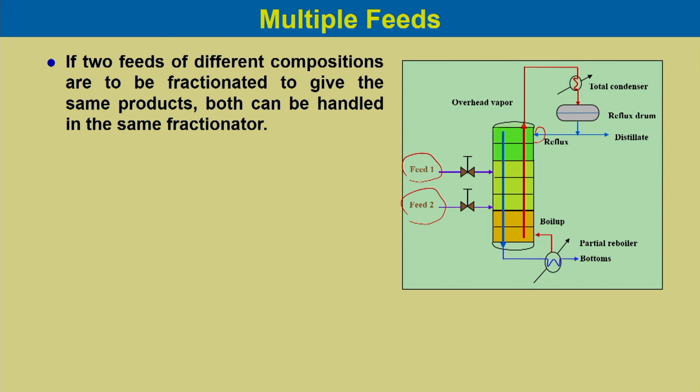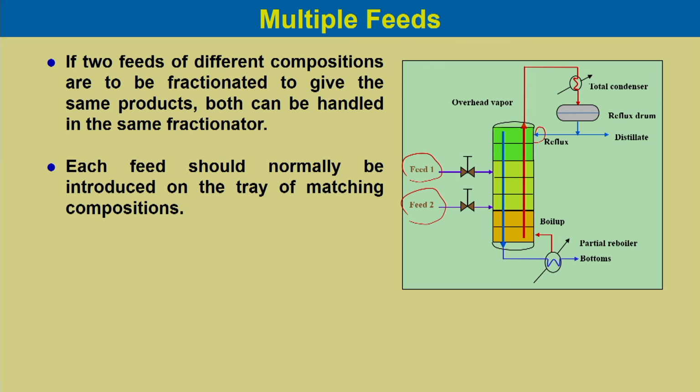If two feeds of different compositions are to be fractionated to give the same products, both can be handled in the same fractionator. So, the target is that we have two different composition feeds and we want the same product composition outlet, both bottom and top, then both the feeds can be accommodated in the same column. So, that is the purpose of the multiple feeds.